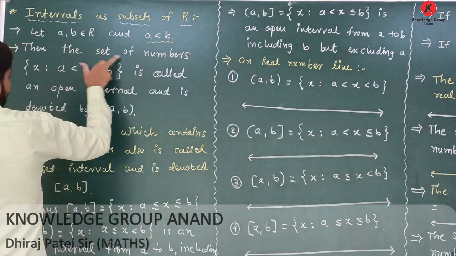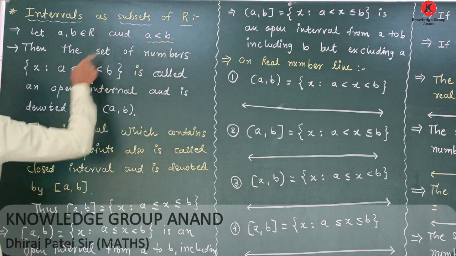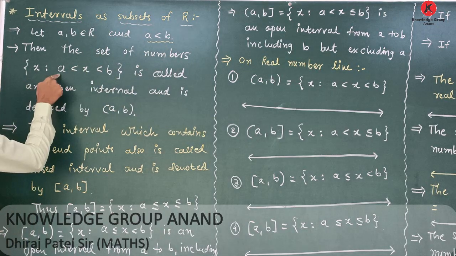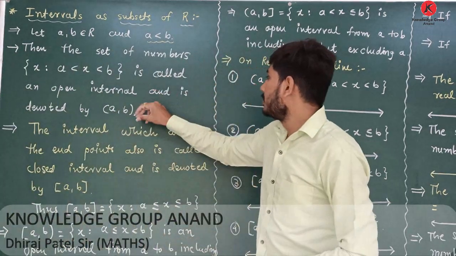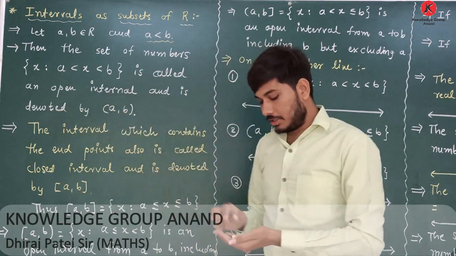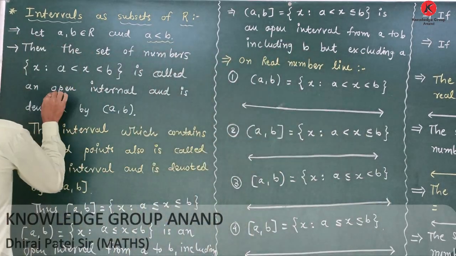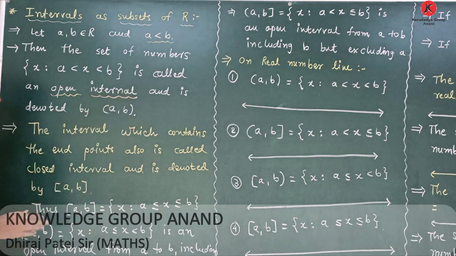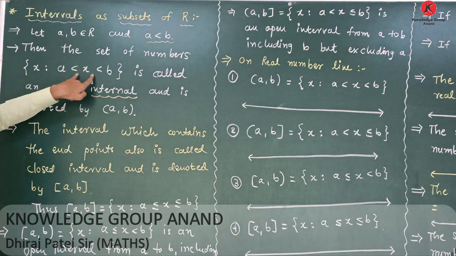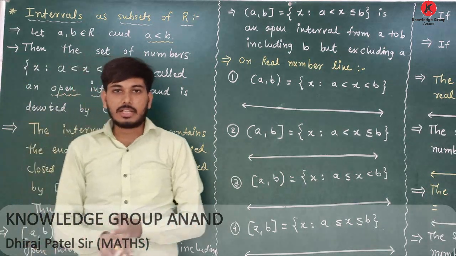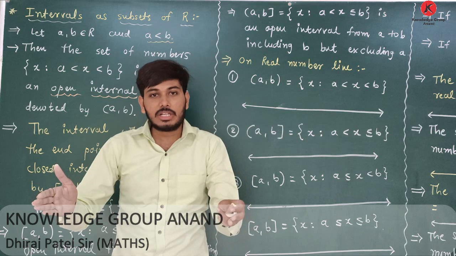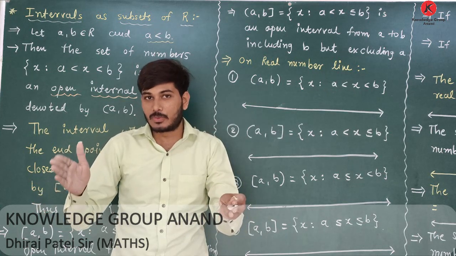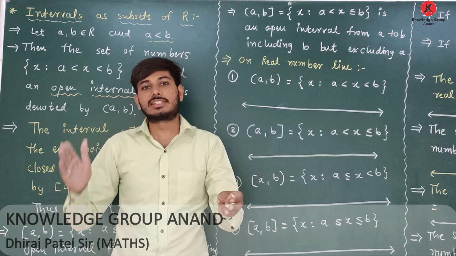The definition: the set of numbers x such that A less than x less than B is called an open interval. Now see here, we have to list out all the x such that A less than x less than B. That means all x lie between A and B. Here A is less than B, therefore A on the number line is always on the left hand side.